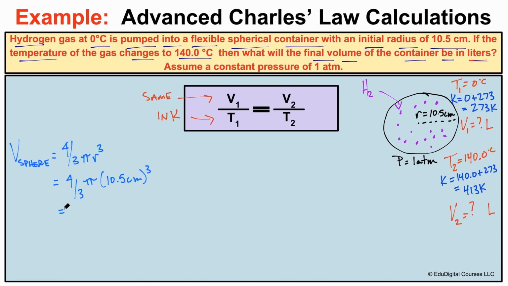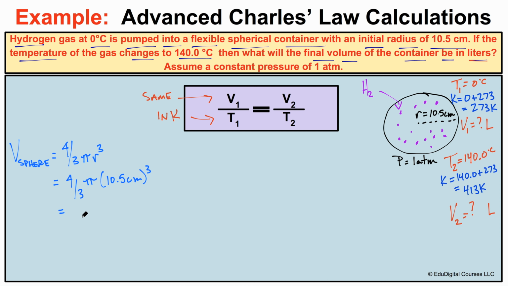And so when we put this in our calculator, 4/3 times pi times 10.5 cubed, we are going to end up with 4,849.